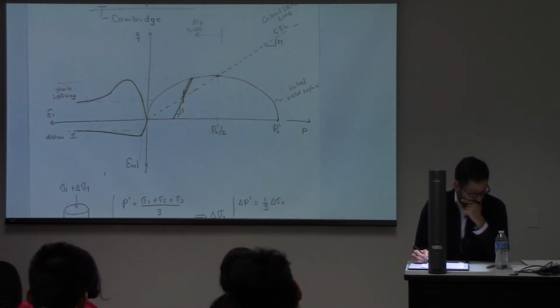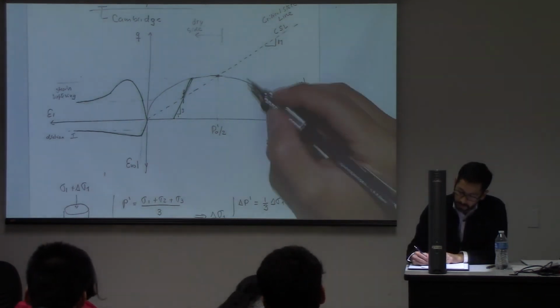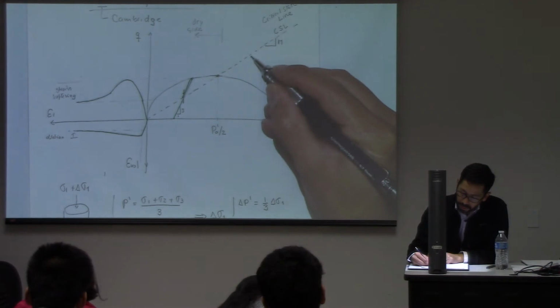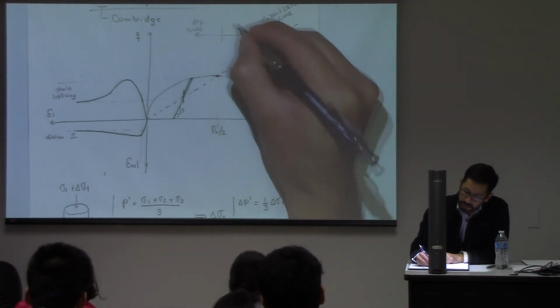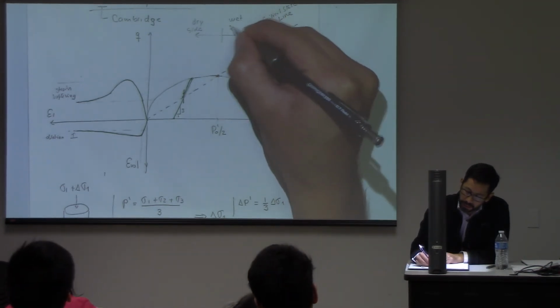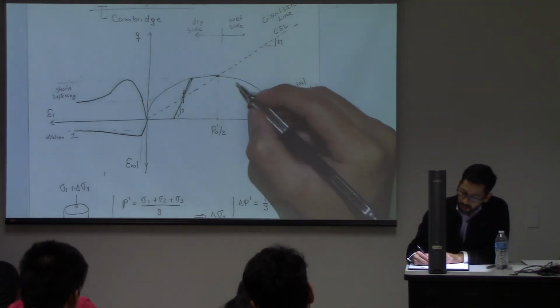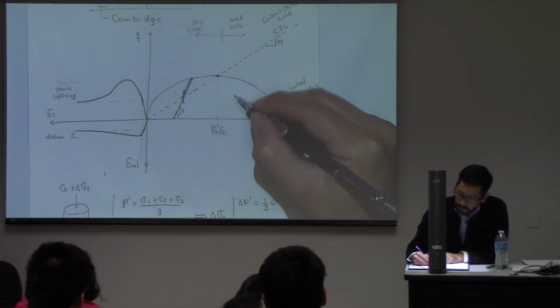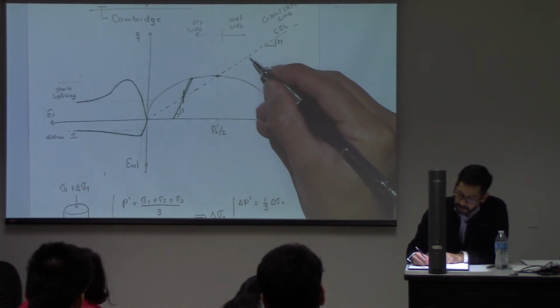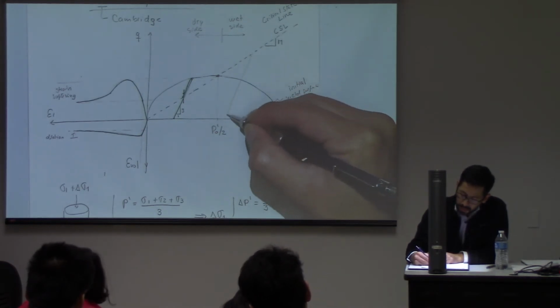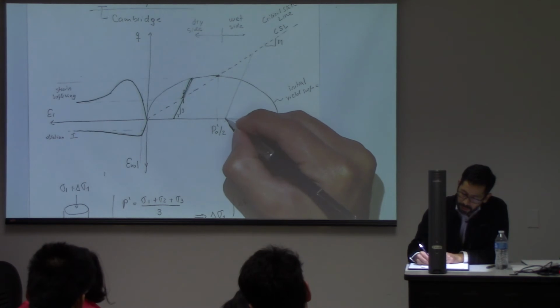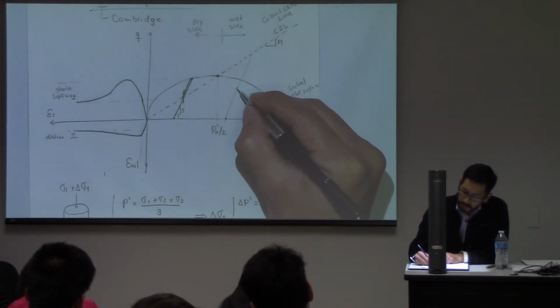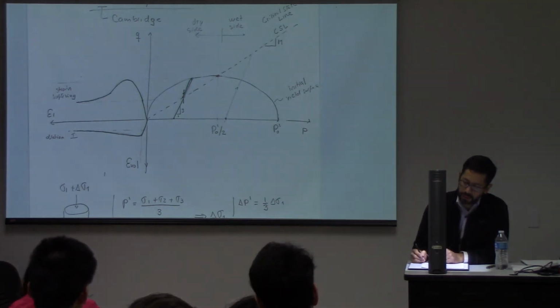Let's now run a test that goes through the wet side. So if that's the dry side, this is going to be the wet side. And let's say that we have a stress path, also with a triaxial test, that starts at this point and goes in this direction.